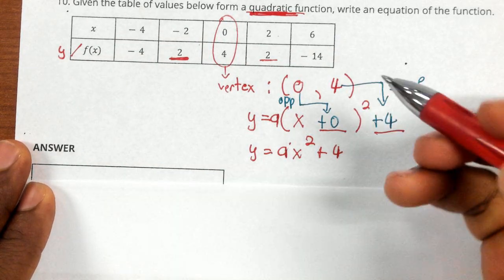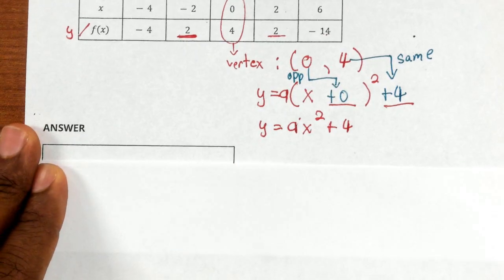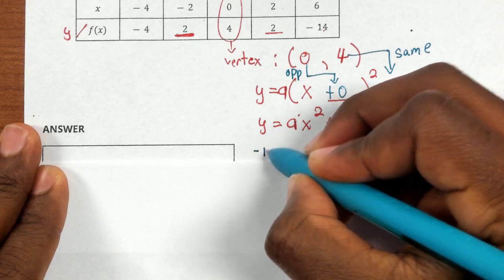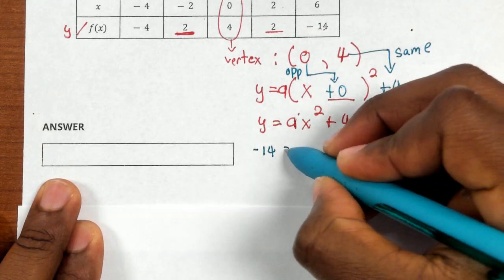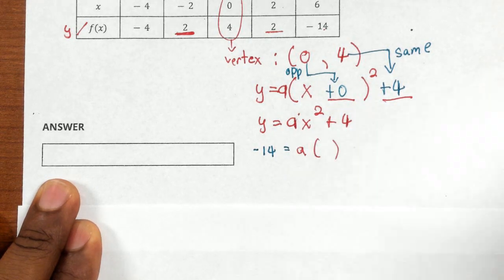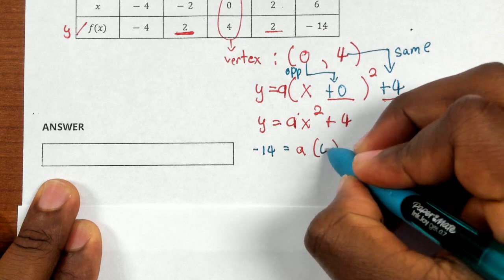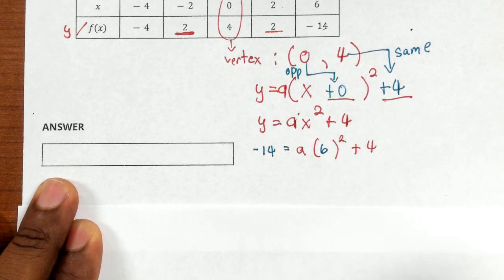So I'm going to plug in the 6 and the -14. I'm going to replace my y with -14 and my x with 6, and then find the value of a.